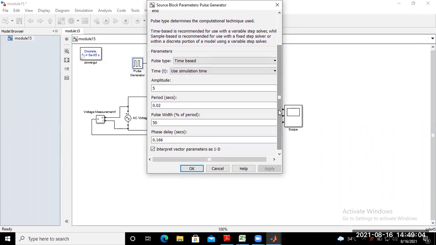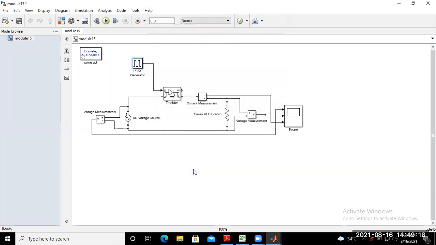So if you consider another phase delay angle, that means suppose that if you consider gate pulse provided at 0 degree. Okay. And click on the scope. Okay.